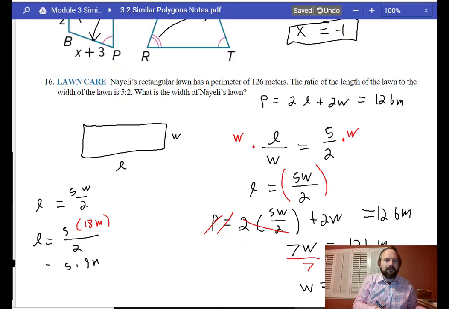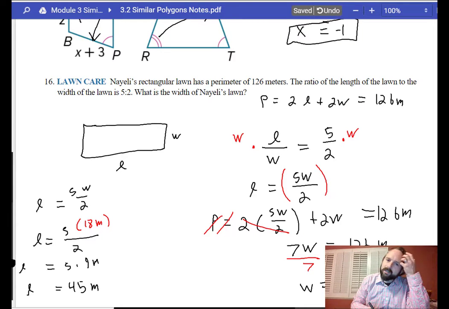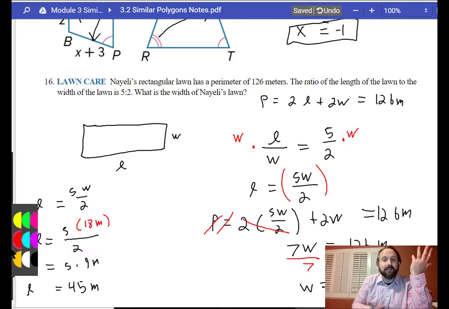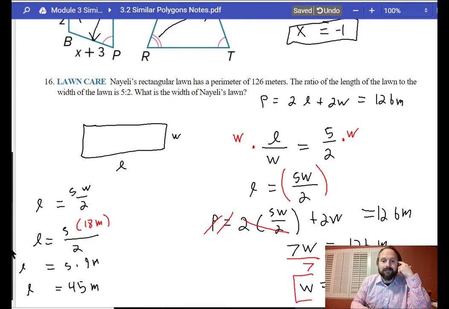I have this 5 right here is equal to the L. 5 times 9 is 45 meters is equal to the length. So what is the width of Nayeli's lawn? Oh, I didn't have to find the length. That was it. The width is 18 meters. Well, I figured out the length, but it doesn't matter. Sometimes we can do extra work and it doesn't do anything for us.